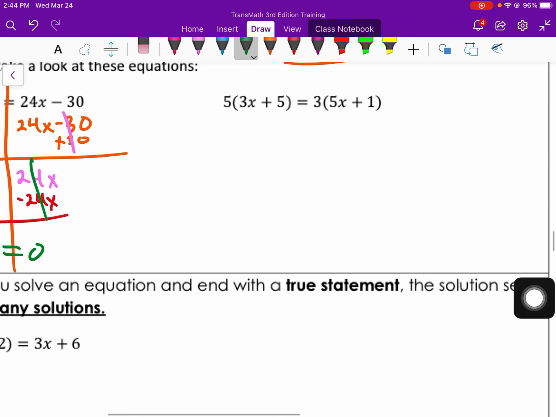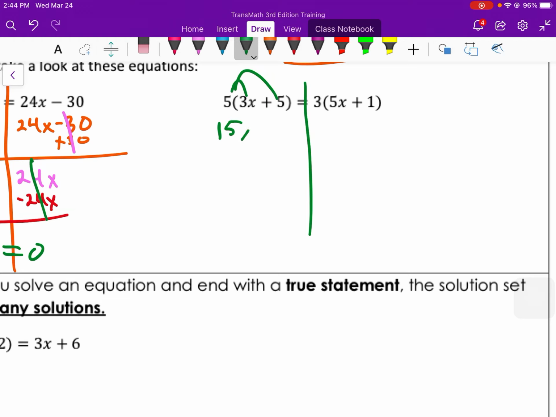Now let's look at this case. I'm going to distribute the left first, so I have 15x plus 25 equals 15x plus 3. I'm going to go through those steps to get them on one side. First, I'm going to subtract my integer or my constant.